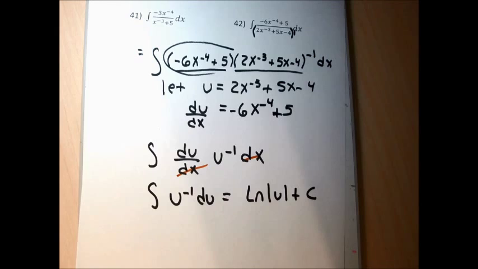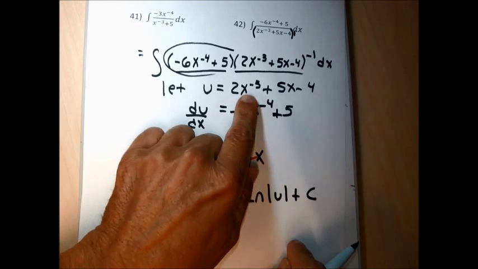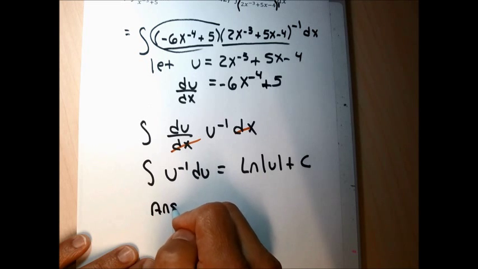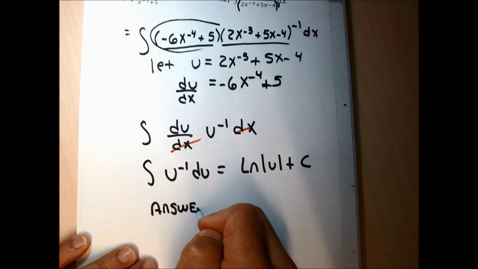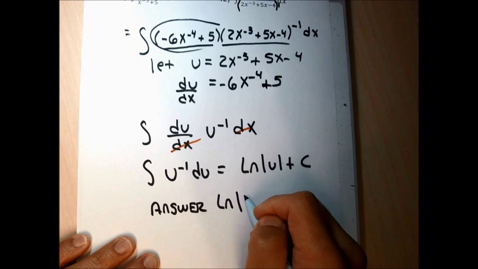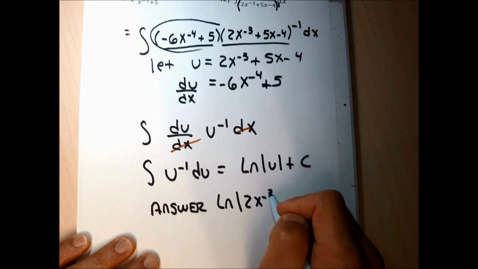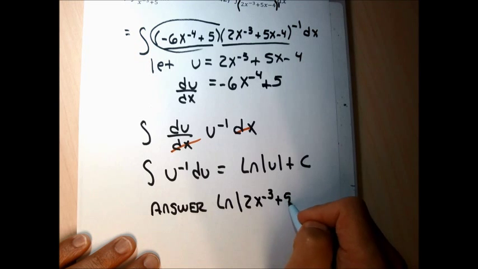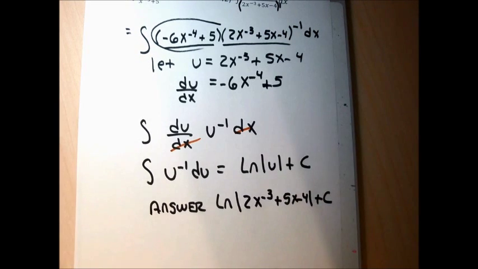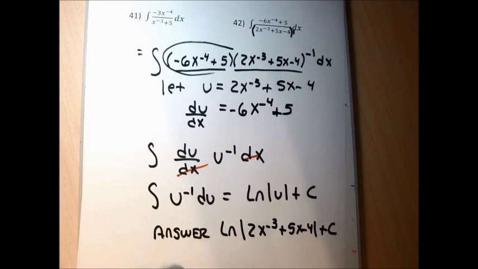And then for my answer, I change the u to what it's equal to. So for my answer, since the original problem had negative exponents, I'm going to leave those negative exponents in my answer. And I'm going to say the natural log of 2x to the negative 3 plus 5x minus 4 plus c is the integral, or the antiderivative, of my problem 42.